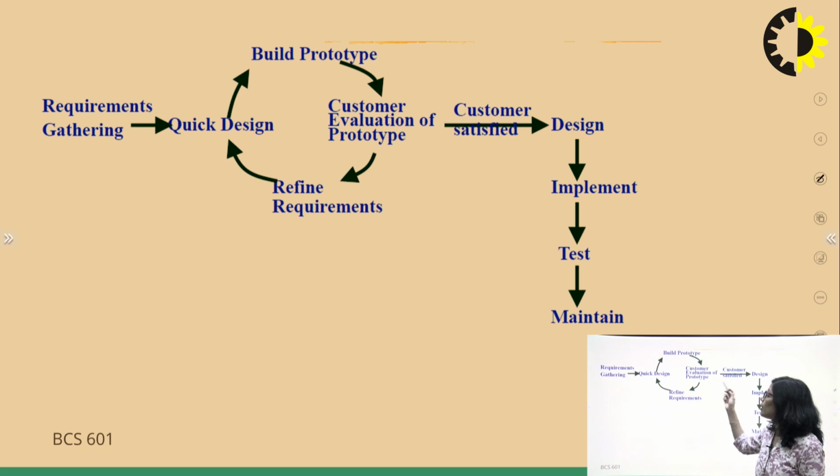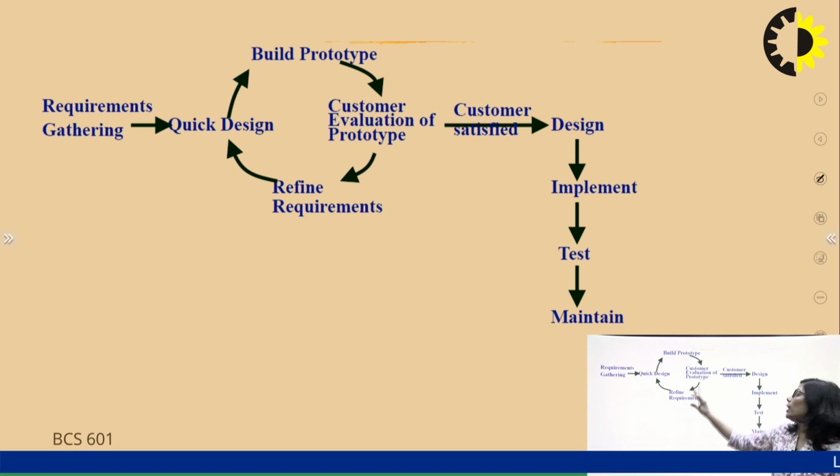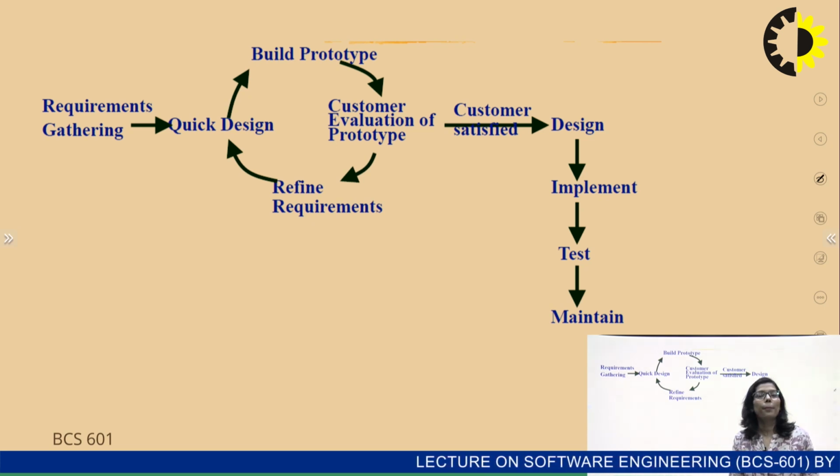Now the customer will refine those requirements and suggest some changes, right? So we will again quickly design, again build the prototype, and again have the customer evaluate it. Now, if the customer is satisfied, we can move to the next phase, that is design, implement, test, and maintain, right? So this was your prototype model.